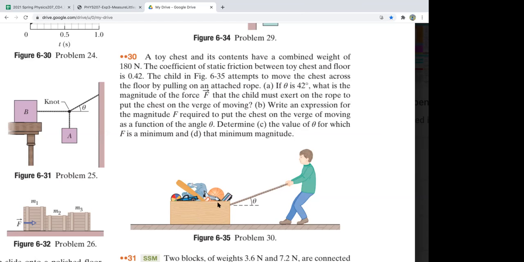The child is attempting to move the chest across the floor by pulling on an attached rope. You can also draw a rope here with the angle theta, which is 42. What is the magnitude of force F that the child must exert on the rope to pull the chest on the verge of moving?